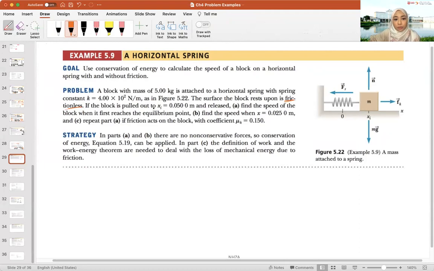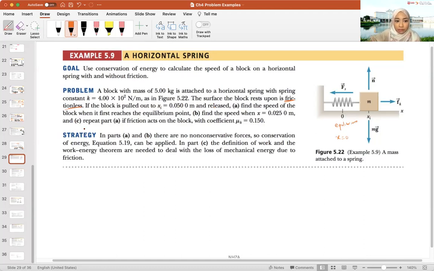If the block is pulled out to XI of 0.05, so this is our equilibrium position marked as 0. X equals to 0. So it is being stretched out, and then dia akan reach XI at 0.05. And then it is released.